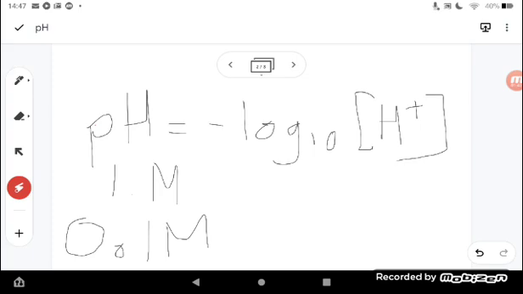Similarly, if I was to make this 10 molar, then the pH would go down by 1. If I diluted this by 100, so it became 0.01 molar, the pH would go up by 2. Then if I did it by 1,000, it would go up by 3. So a factor of 10 causes a change of 1, and it goes in the opposite direction.